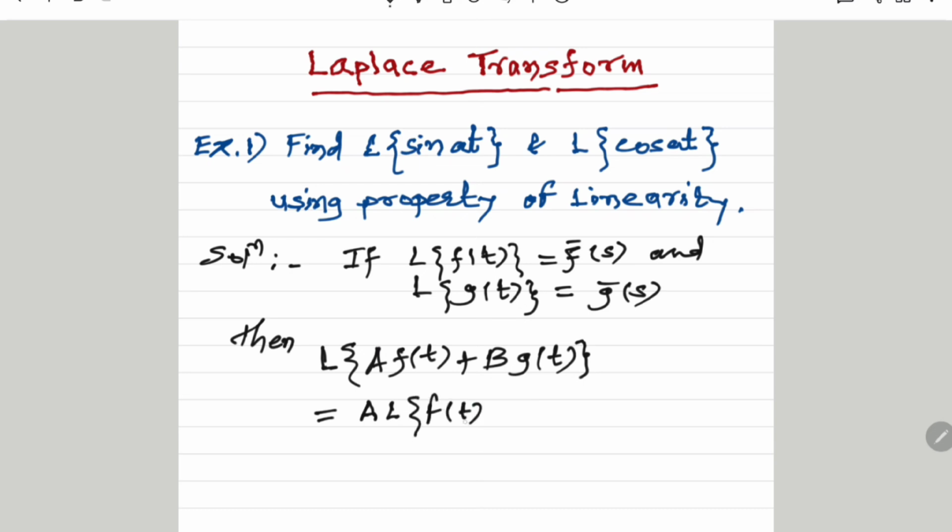We take the constant term outside the operator of Laplace, plus B into Laplace transform of g of t. This property is called the property of linearity, and we use this property to find the Laplace of sin at and Laplace of cos at.